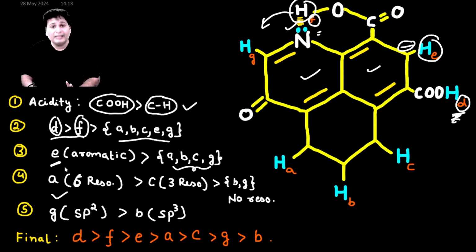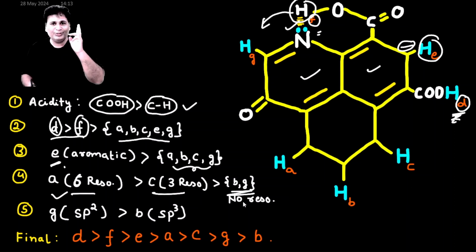But in the E, the aromatic behavior came. That is why E remains in the leading position. And since A had 6 resonating structures, for C, you can revisit the slide, you will see 3 resonating structures, and for B and G, as you know, the electrons remained localized, there was no resonance stabilization, so last B and G are coming.